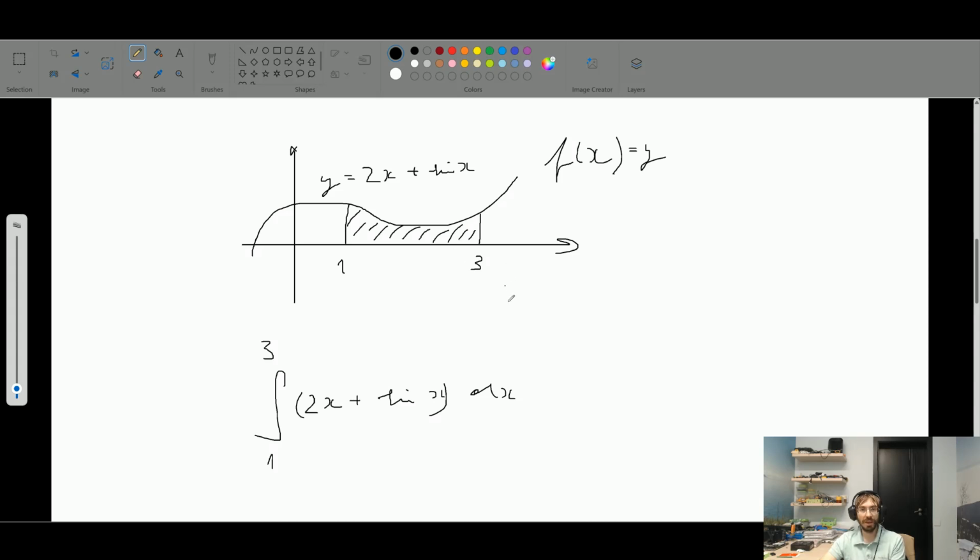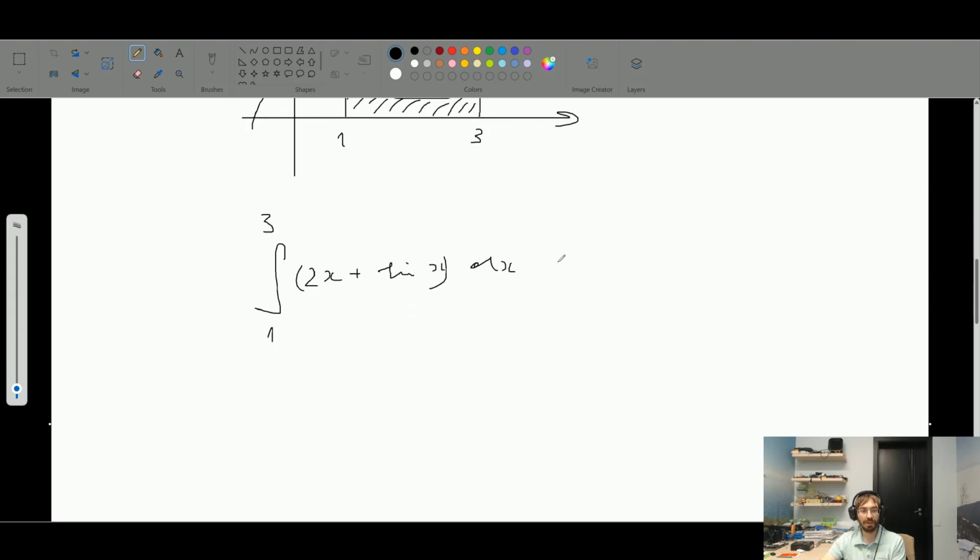Let's just calculate this integral, assuming that 3 is in radians. So x is given in radians. There will be another lecture on how to calculate something in radians, how to calculate it in degrees, and what those radians are.